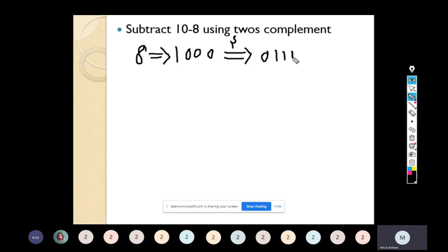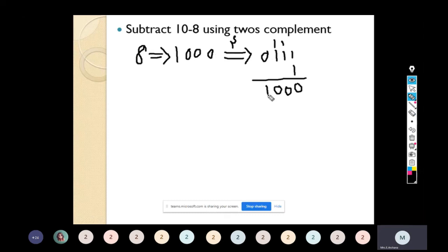The question is, we are going to find out 2's complement. So 1's complement plus 1 will give the result of 2's complement. So 1 plus 1, 0, carry over 1. 1 plus 1, 0, carry over 1. 1 plus 1, 0, carry over 1.